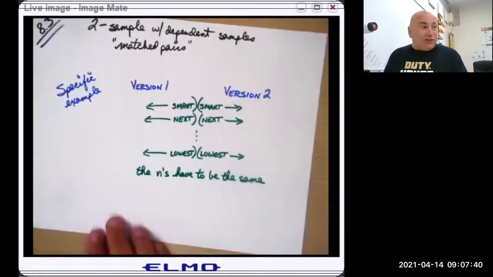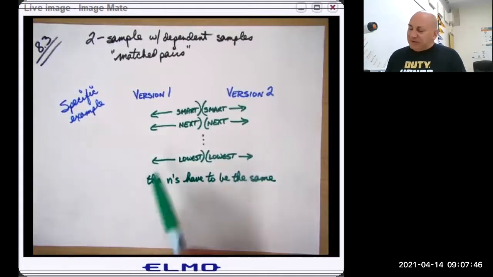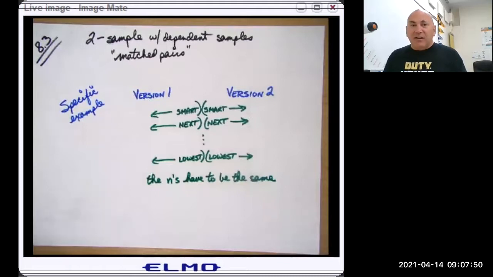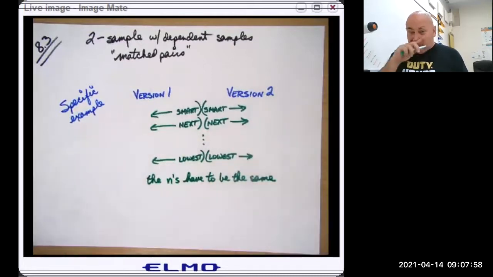Now, we could have just done what we did in our previous lesson, which was independent samples. I randomly assigned some people to version 1, some people to version 2, but it's possible, not likely, but possible, all the top students go to version 1 and all the bottom students go to version 2. Yeah, we want to get rid of some of that possible variation.